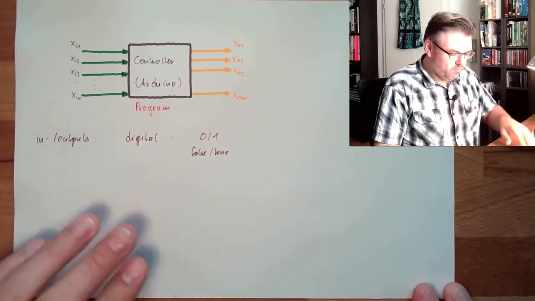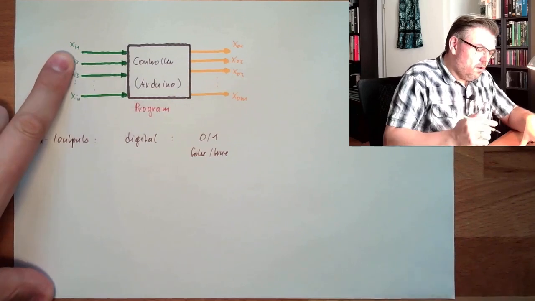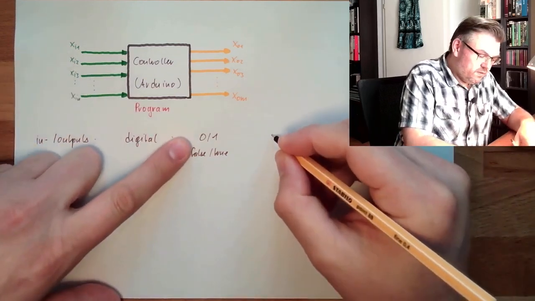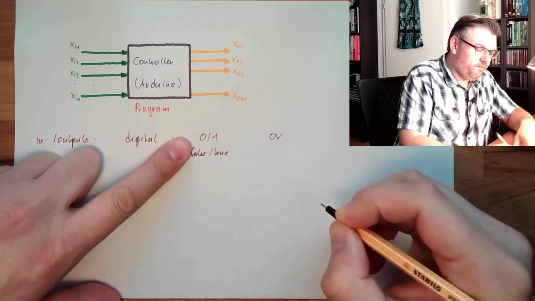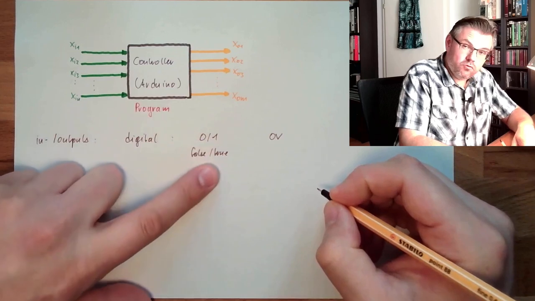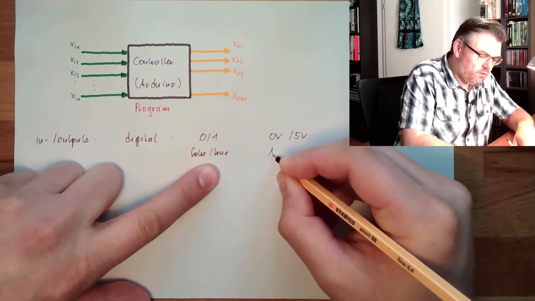In our Arduino world, this means, well, for false or 0, we have 0 volt. And for high or 1 or true, we have 5 volt. This is Arduino.